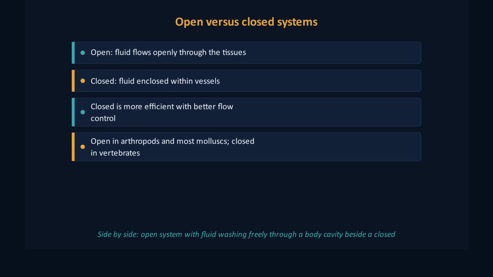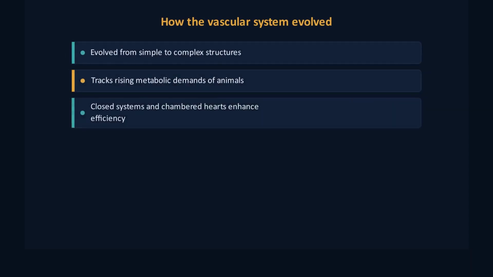That single difference has real consequences. Closed systems are more efficient and they allow for much better control of blood flow, directing it where the animal needs it most. The 2 designs are scattered across the animal world. Open systems are found in the arthropods and in non-cephalopod mollusks, while closed systems are common in the vertebrates, animals like us.